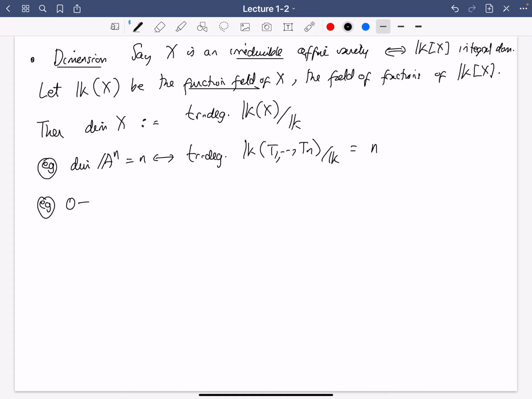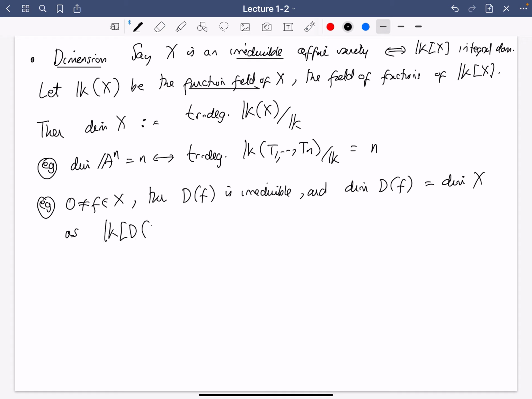If you have a non-zero f in your coordinate algebra of X, well then the principal open subset D of f is irreducible, assuming X is irreducible, and its dimension is just the same as the dimension of X itself, as the coordinate algebra of D of f is the coordinate algebra of X localized at f.